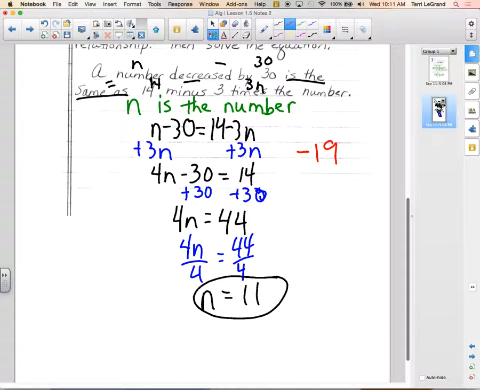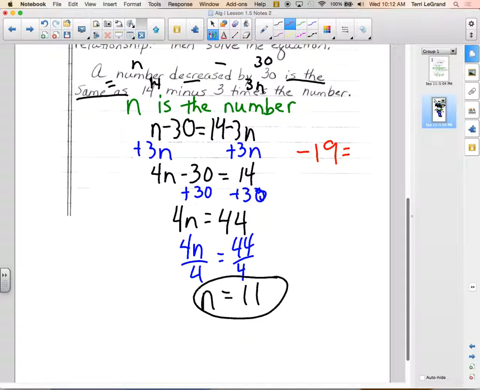Is the same as, so in other words, I better get that when I do this. 14 minus 3 times the number. Well, 3 times my number, 3 times 11 is 33. 14 take away 33 is negative 19. It's negative 19, isn't it? Yeah.